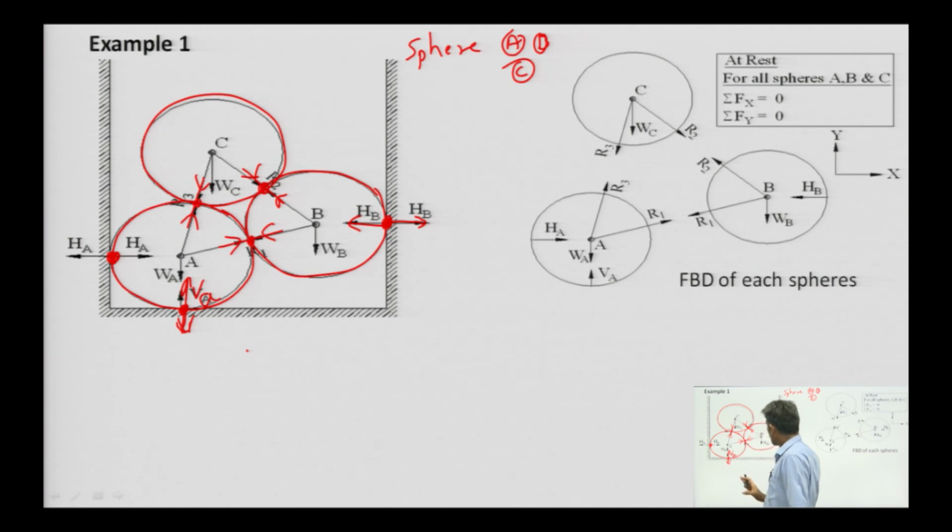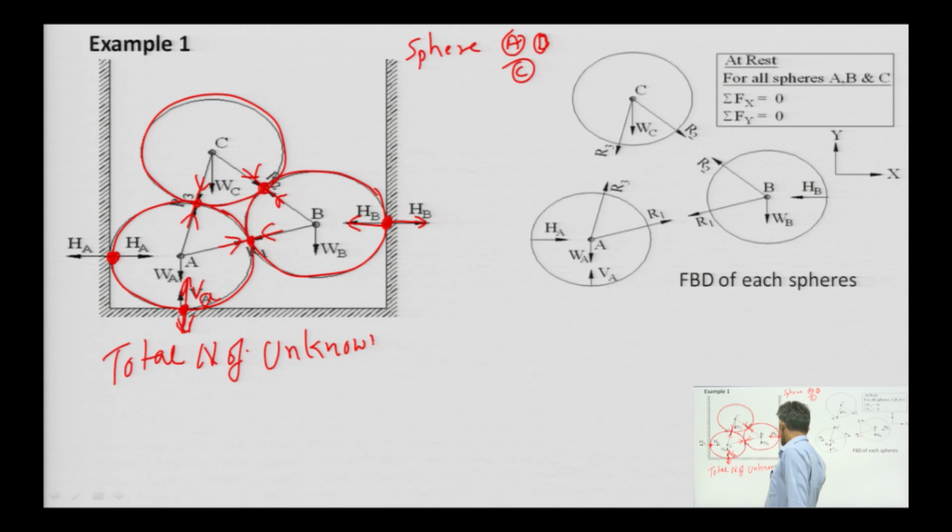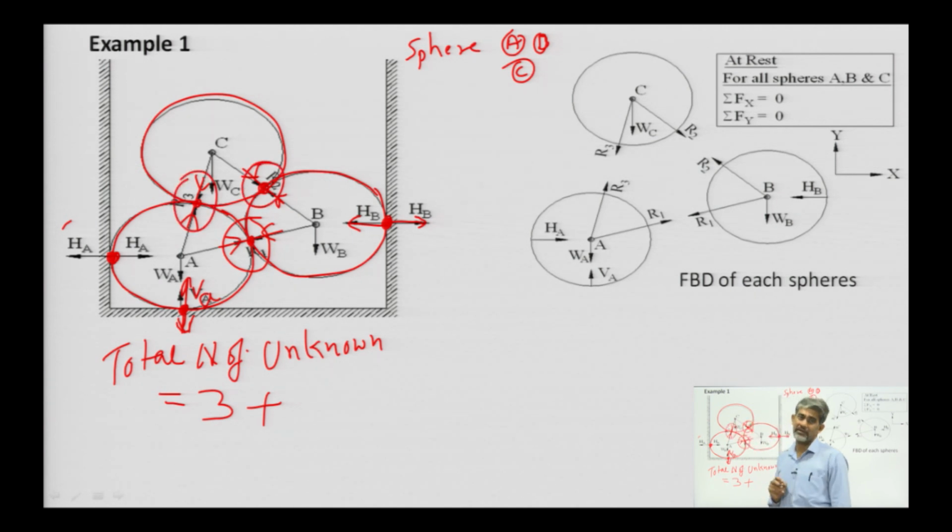So, the total number of unknown forces here will be 1, 2, 3, but these 3 will not be considered.